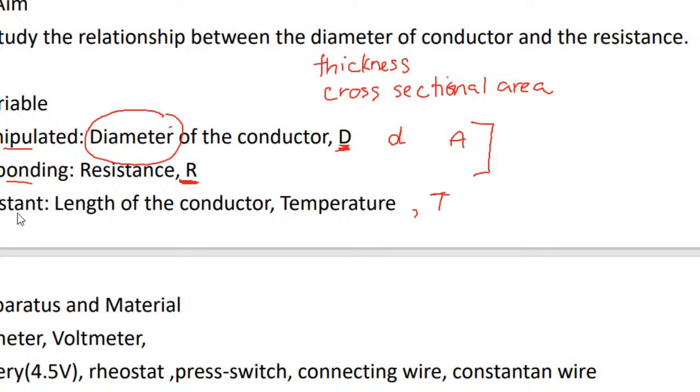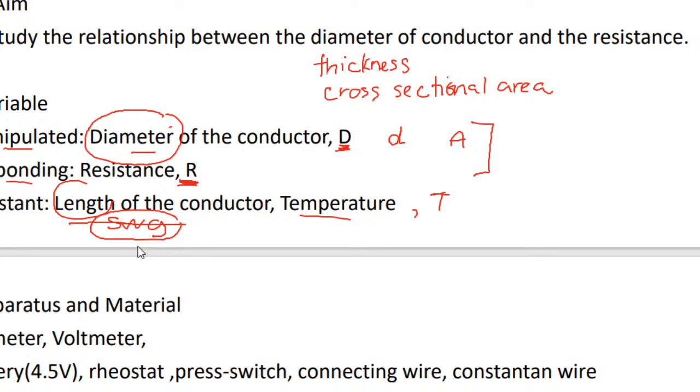Suppose here in constant variable you add SWG of the wire. SWG, standard wire gauge, actually relates to the thickness of the wire. So this becomes contradictory. I don't advise you to use this SWG. Stick to the variables that we have discussed. There are 4 variables: diameter, resistance, length, and temperature. So no need to use the word SWG. Okay.